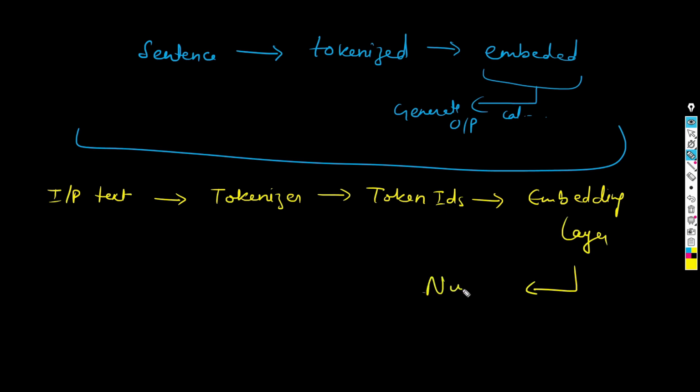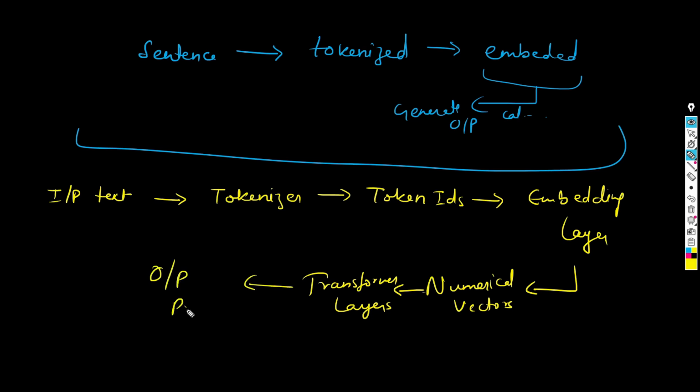Here, they get converted into something called numerical vectors. After the numerical vectors, they are passed into the transformer layer, and after the transformer layer, they go to output predictions.